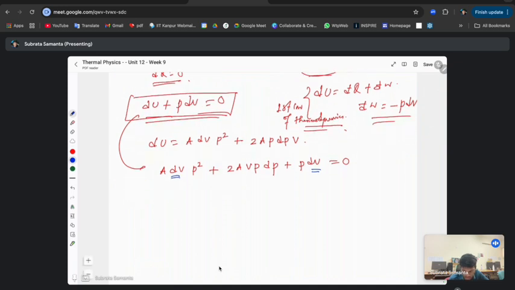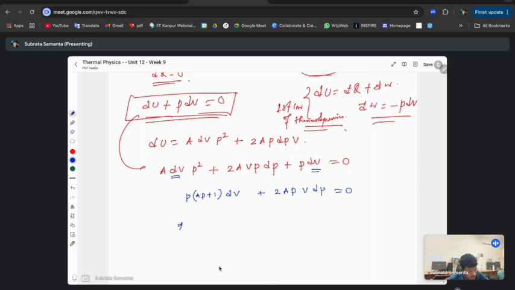So dV over V, so this is basically A P times (AP plus 1), right, dV plus 2AP, okay, and then V dP equals to 0.